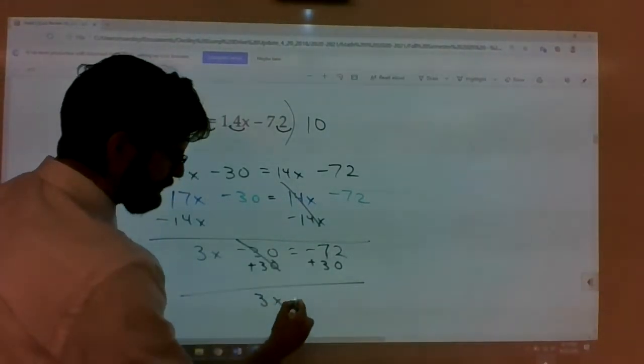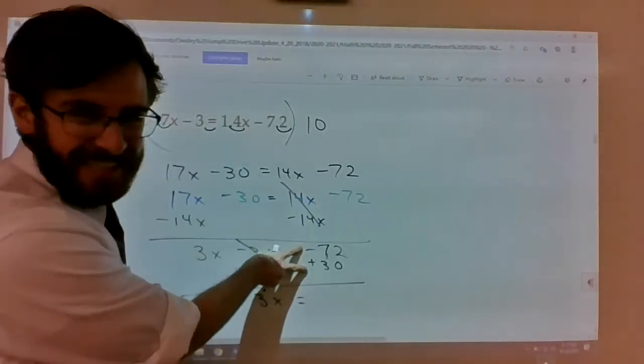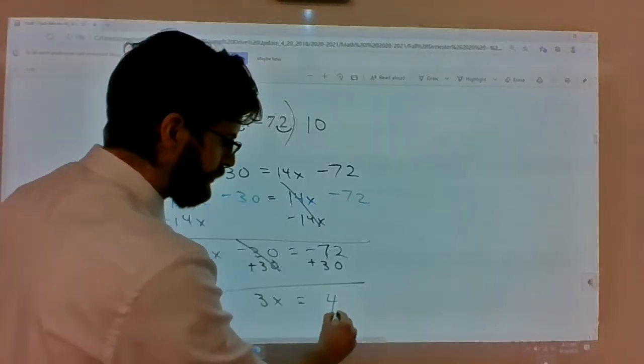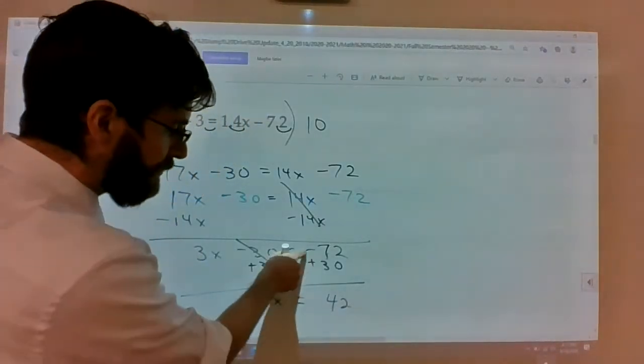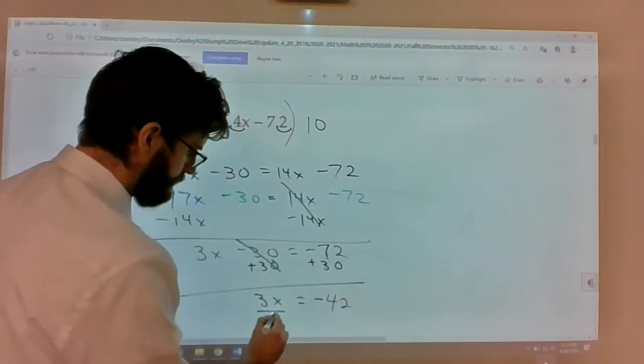So 3x is equal to, let's see, negative 72 plus 30. Opposite signs subtract. So 72 minus 30 is 42. And then you take the sign of the bigger value and then divide everything by 3.